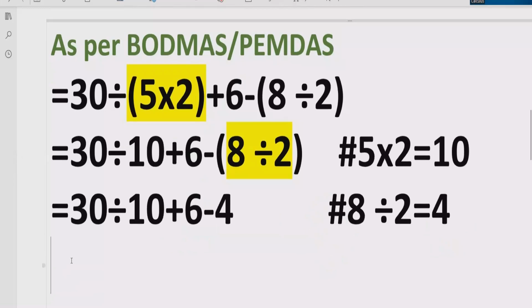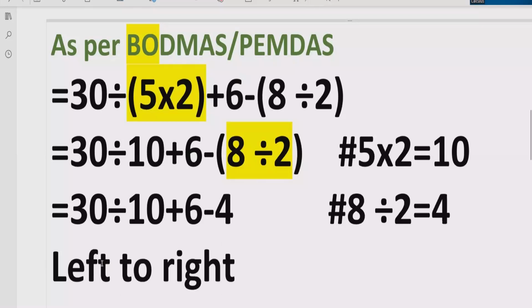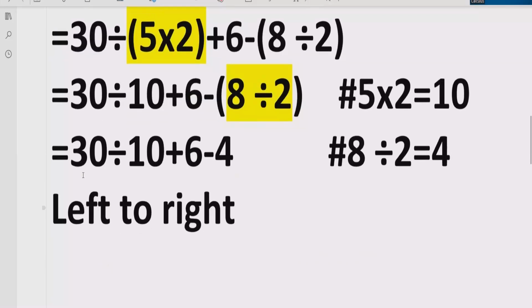Now we do not have any bracket right now, and also we do not have any power in our expression. So we will skip this step and now we will solve division and multiplication. So what we will do, we will go left to right in our expression and find out division and multiplication. So this is our division. So we will solve this one. 30 divided by 10 equals 3.